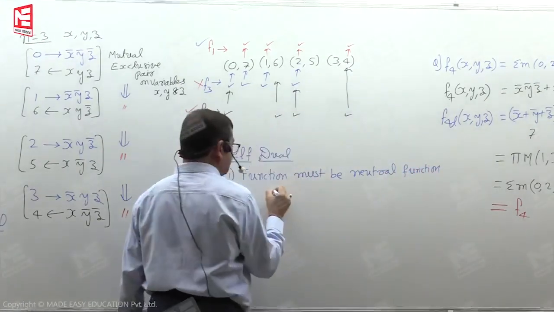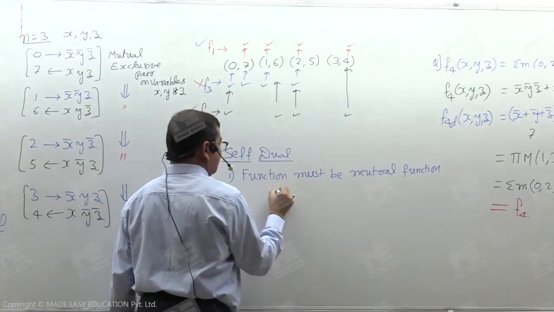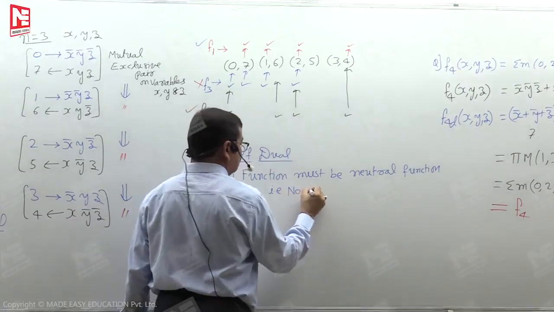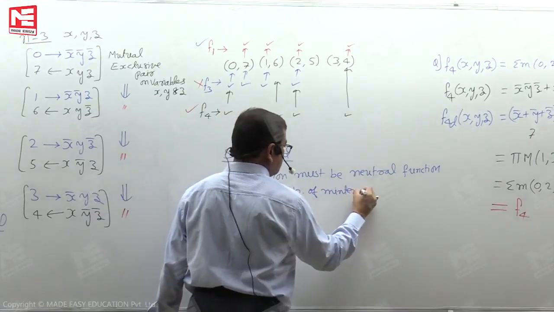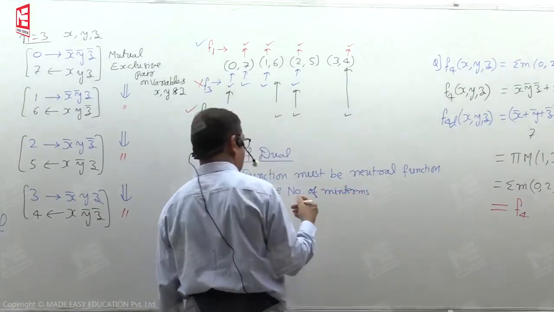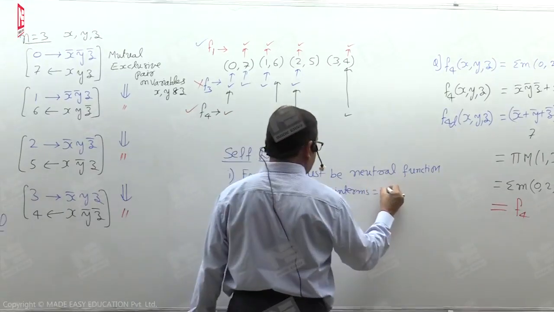The meaning of a neutral function is the number of min terms must be equal to the number of max terms in the function.